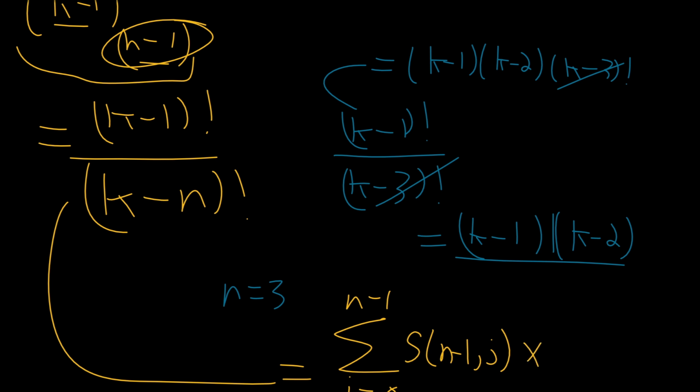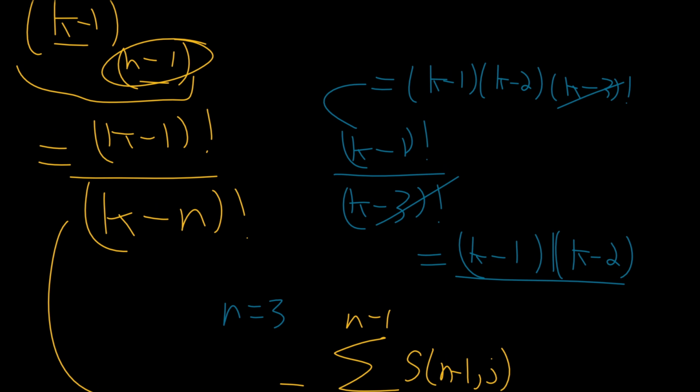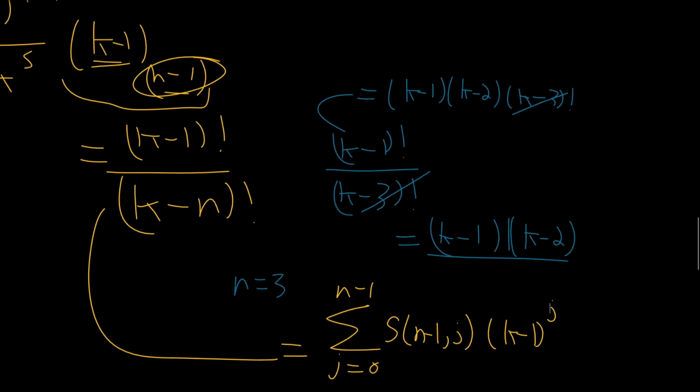And then times, in Wikipedia it's x, but our x in this case is just going to be the argument of our falling factorial, or one of them at least, namely that one. So it's actually just going to be k minus 1 to the j. Sorry, in my notes I have the general stuff written down.